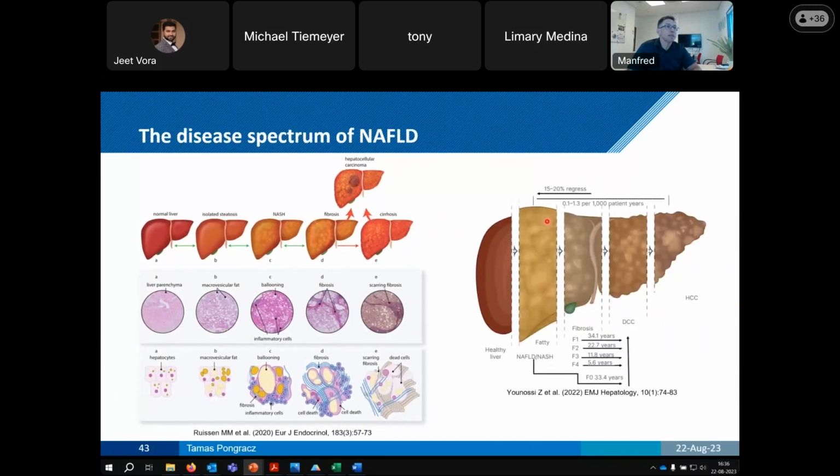The patients we were looking at were stratified according to the level of fibrosis. So they were ranging from F0, virtually no fibrosis, to F4, very advanced fibrosis. And you can translate this into a time axis of disease progression.